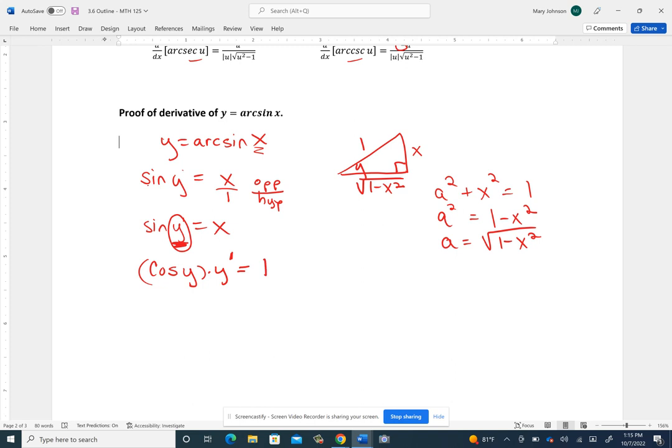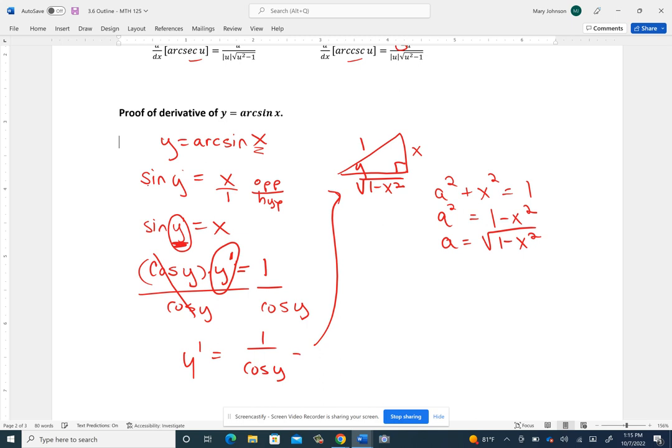All right, and we're trying to come up with a formula for the derivative. So I'm going to get this on a side by itself by dividing by cosine y, and I wind up with y prime equaling 1 over cosine y. Now I'm going to go back up to this right triangle and think about that.